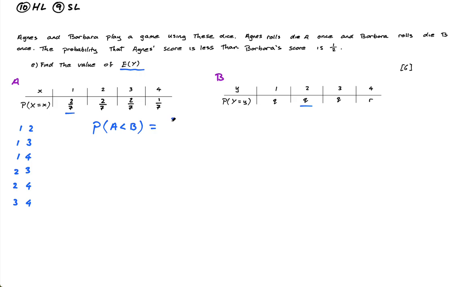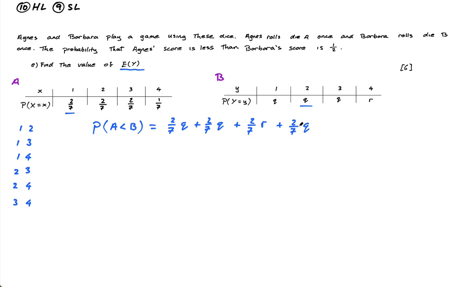So it's 2/7 times Q. Plus, because we can have this or this, we add. Now a 1 and a 3, that's 2/7 times Q as well. Or a 1 and a 4, that's 2/7 times R. Plus a 2 and a 3, that's 2/7 times Q.